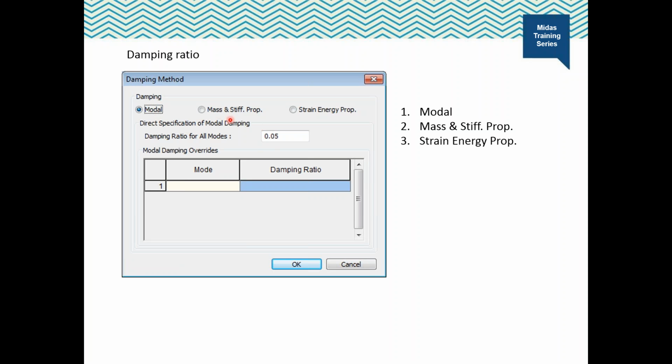Mass and stiffness proportional method, or Rayleigh method, is rarely used for response spectrum analysis. Rather, it is usually used in the time history analysis. We will learn about this in detail in the time history training.